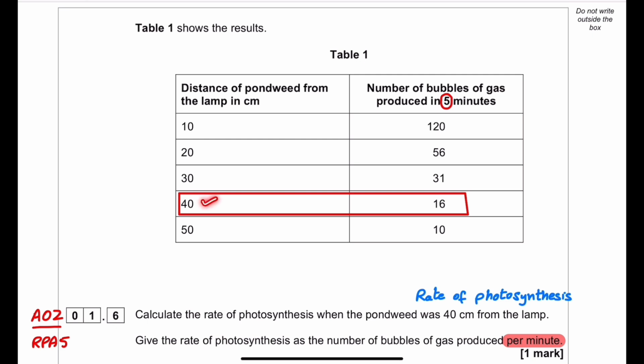For 40 cm, the number of bubbles produced is 16. These bubbles are produced in 5 minutes. We need to find the number of bubbles produced in 1 minute. Therefore, we need to divide the number of bubbles produced by the total time taken.